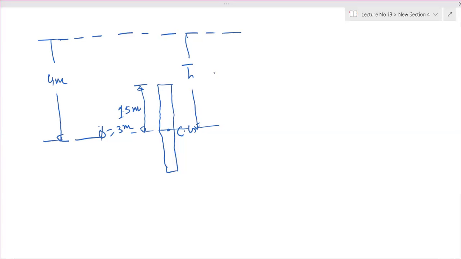The H bar is 4 meter, and the area is pi by 4 d square, that is pi by 4 into 3 square. You can estimate this, the area of the disc.